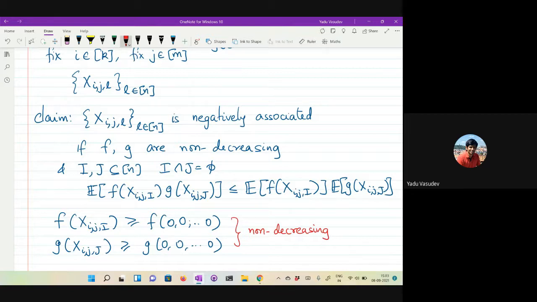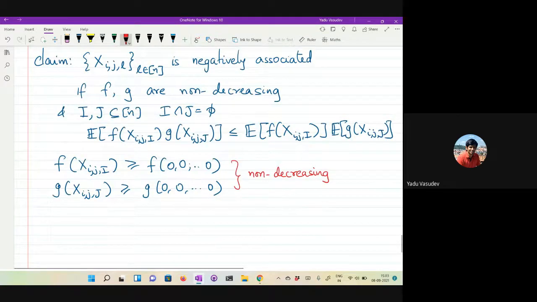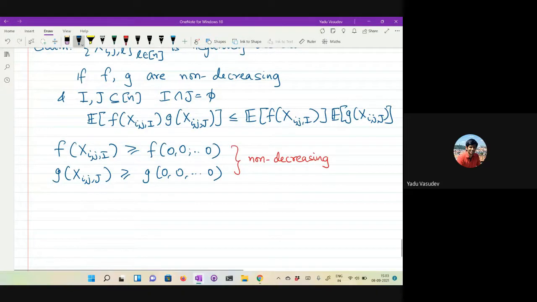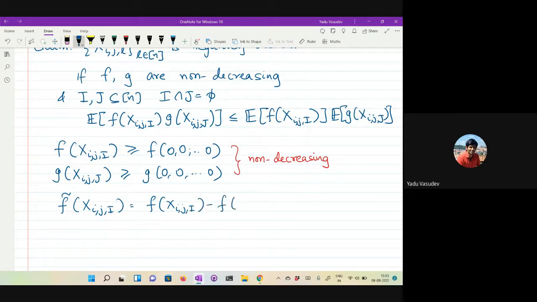Okay. So then I can think of the following functions. I look at the function f tilde, comma j comma capital I, which is f of x i j capital I minus f of 0.